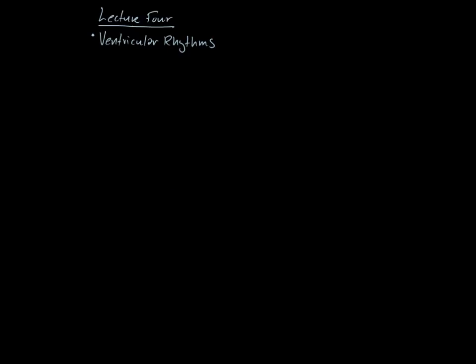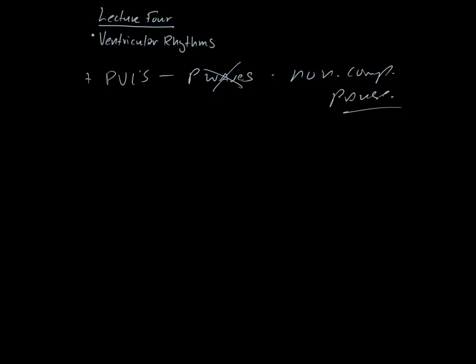Let's see here. Ventricular rhythms. So we talked about PVCs. Just like PACs and PJCs, they are premature. They are not associated with P waves though, right? Not associated with P waves, they're premature, and they are also associated with a non-compensatory pause. All right.